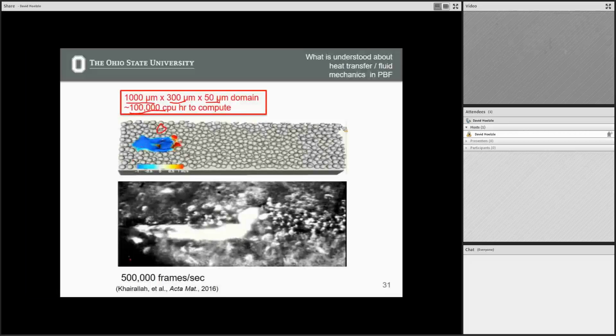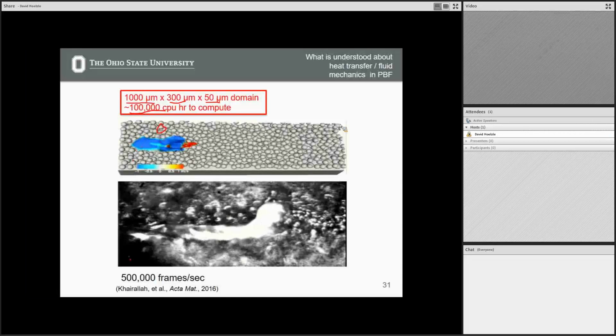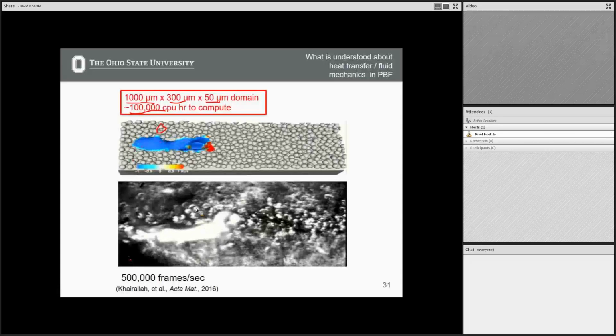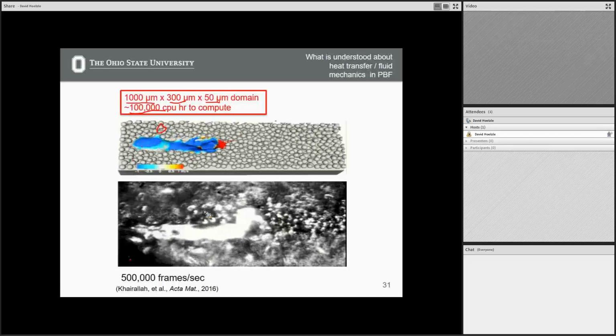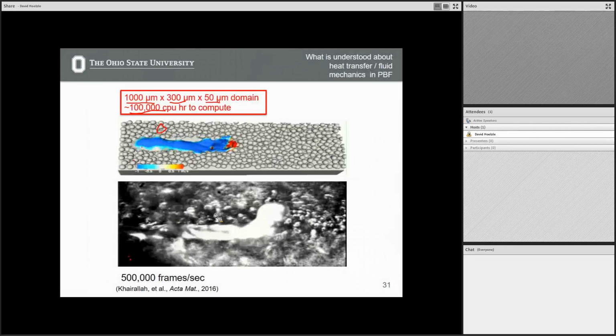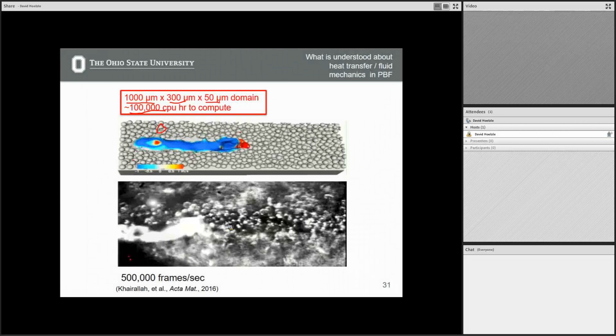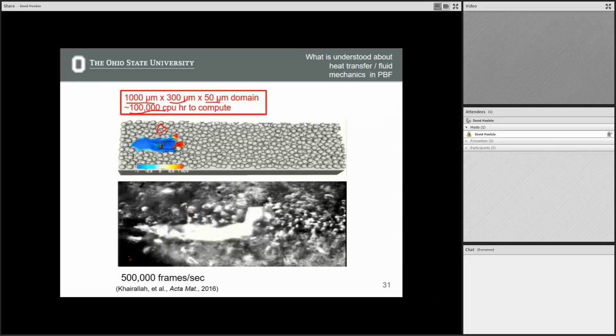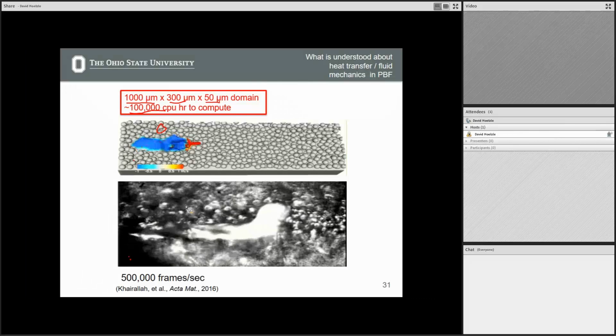We also saw this migration of particles into the melt pool, and some of this almost looks like the Jedi Force is happening, right? So you would expect that powder could be recruited in the melt pool via capillary forces if it were to touch it, but some of these seem like they're coming from pretty far away, and almost as if there's some sort of traction force bringing powder into this melt pool.